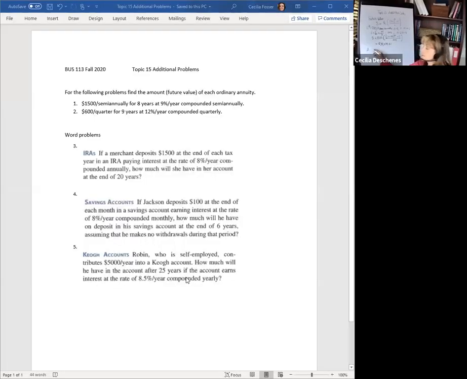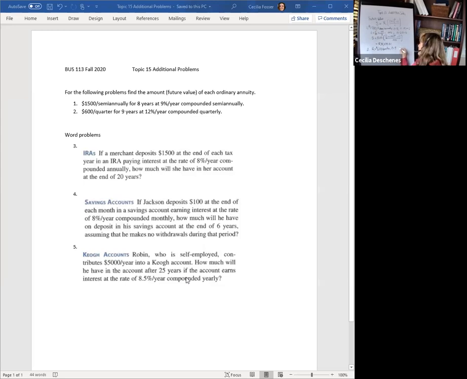So here we're going to put 600 per quarter. So our R, I should have said that was R up here, is going to be 600. Our payment is 600 per quarter. And because it is an ordinary annuity, we know that that means we're going to be also compounding interest quarterly. So it's going to be for a term of 9 years.